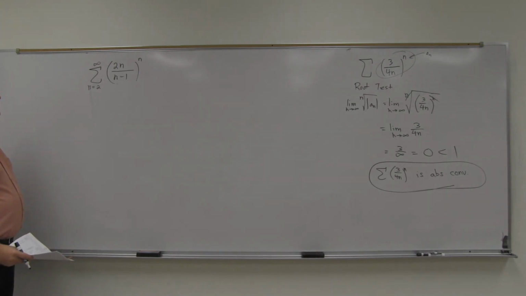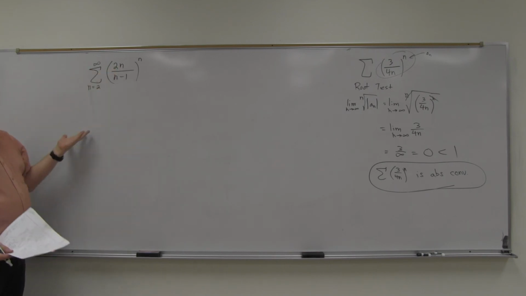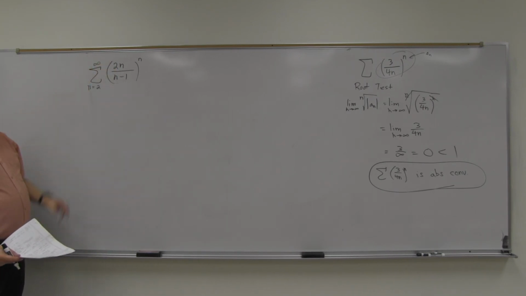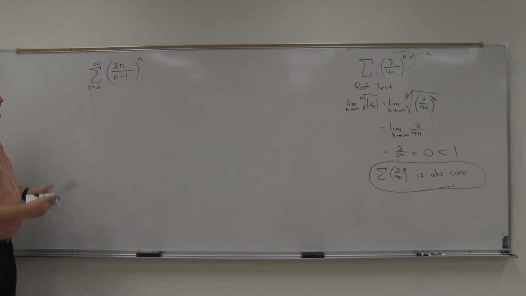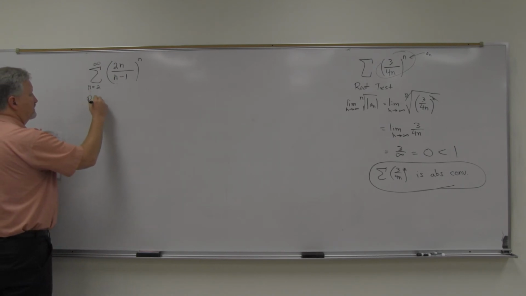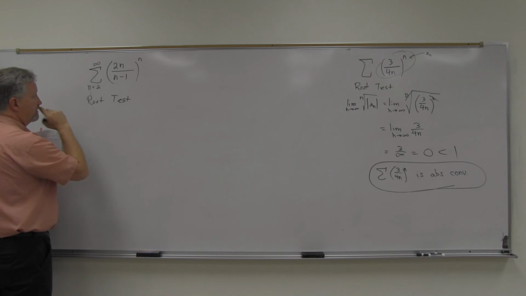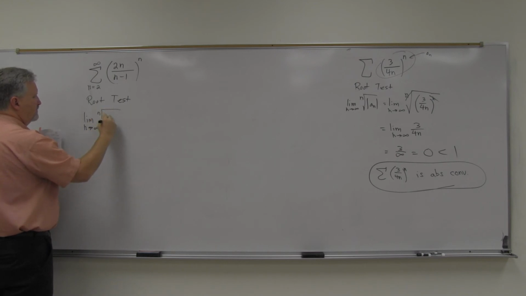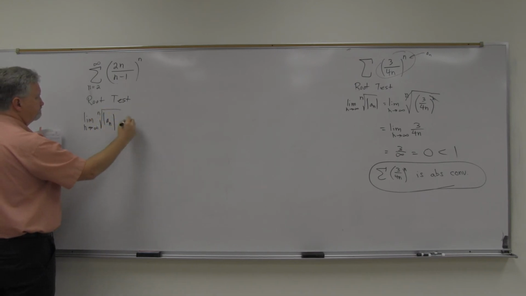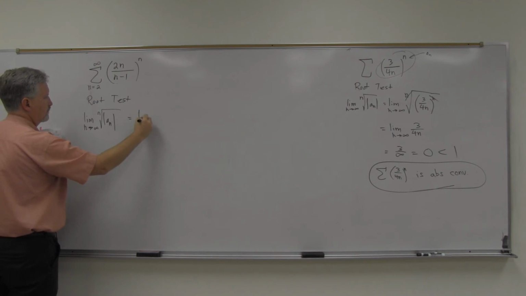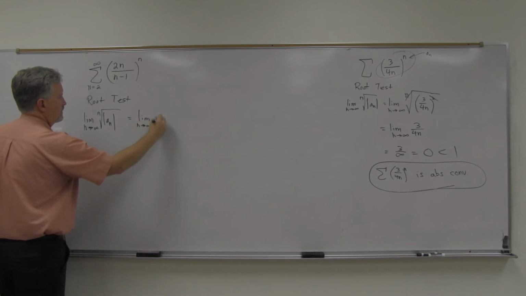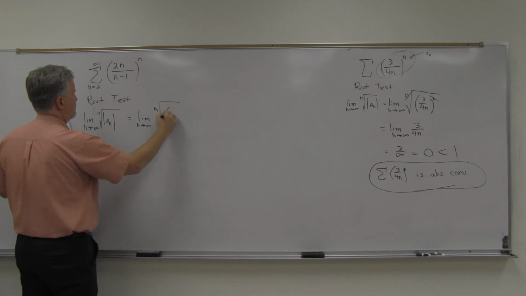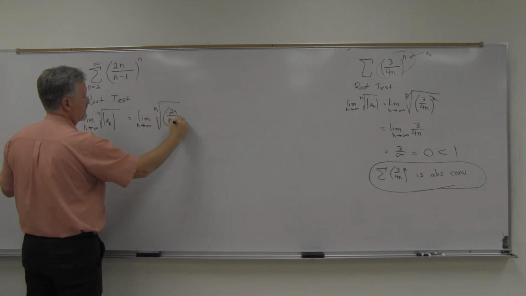Again, you've got that nth power of a pretty big expression inside there, so the root test is the way to go here, I think, as long as it doesn't equal 1 anyway. So as n goes to infinity, the nth root of the absolute value of a sub n is just that 2n over n minus 1 to the nth.